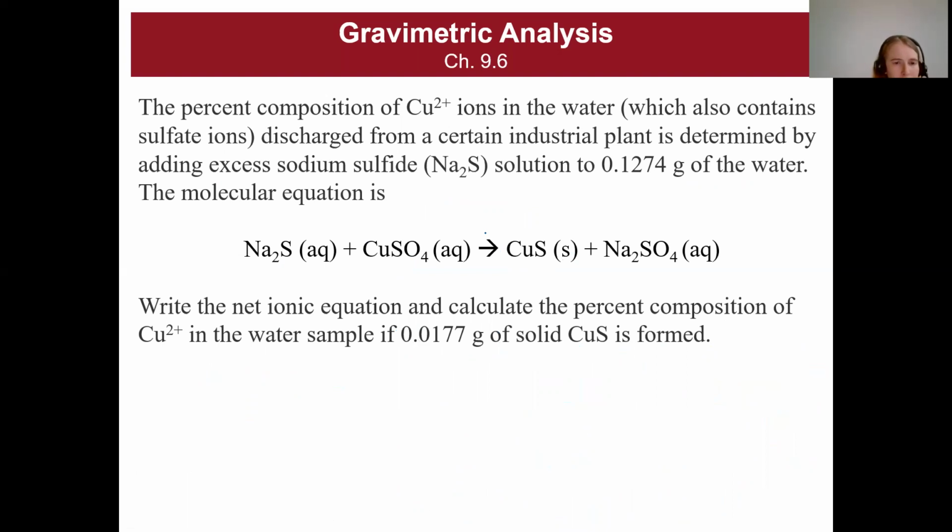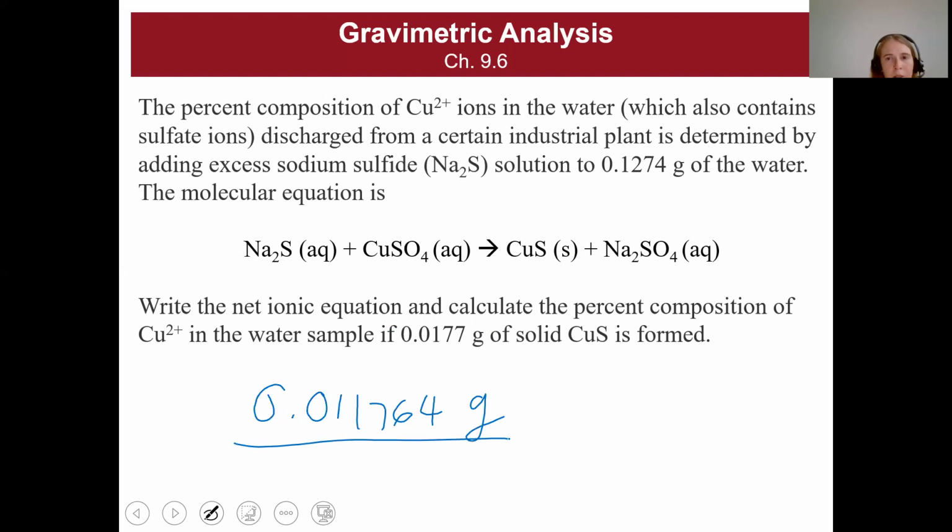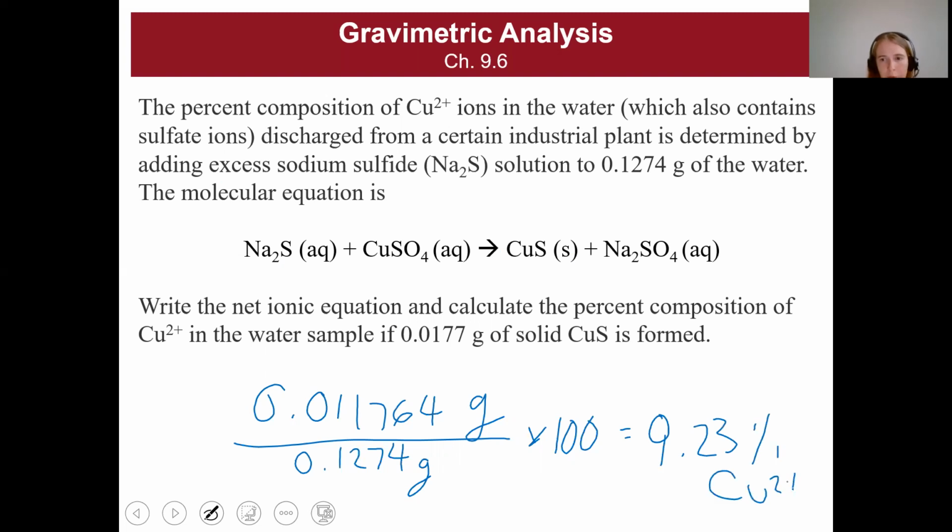So I want to use 0.011764 grams divided by 0.1274 grams times 100 to make it a percentage, and that will give us 0.09, but the times 100 part will be 9.23% copper from our water sample.